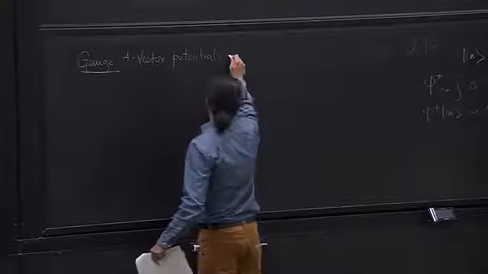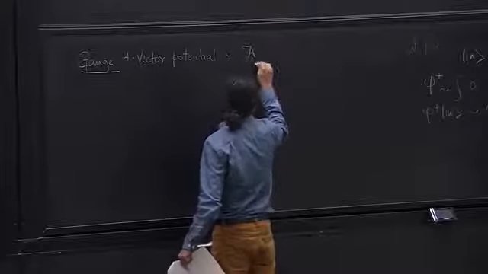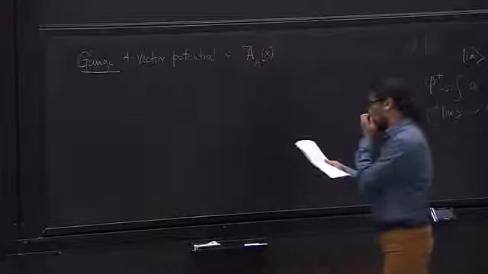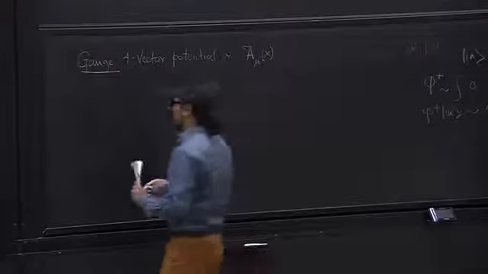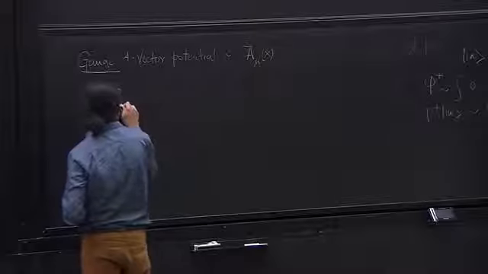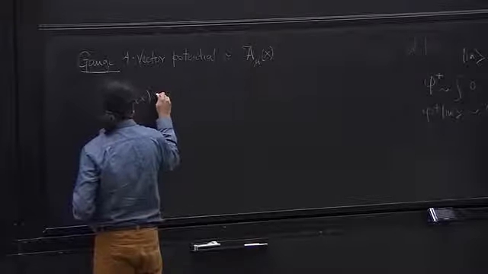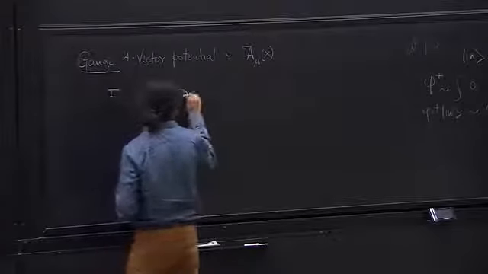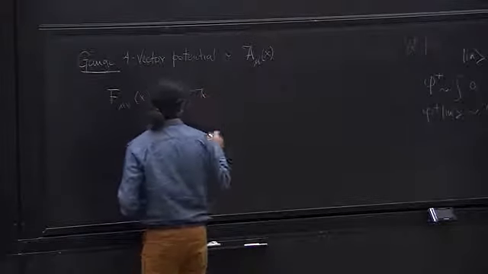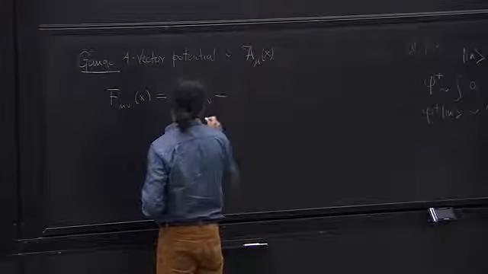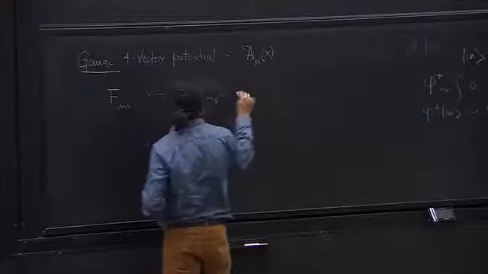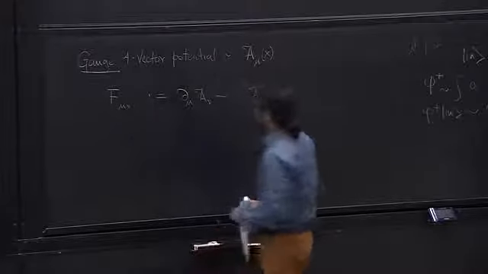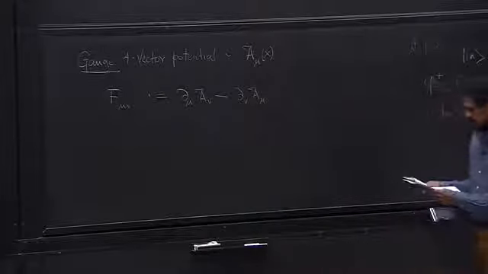So it's a 4-vector potential, customarily represented by A. And it's defined in a rather strange way. It's defined in such a way that its antisymmetric derivative gives you the field tensor. So I'm going to drop the x dependence, annoying to write it. Okay, so this is how this is defined.